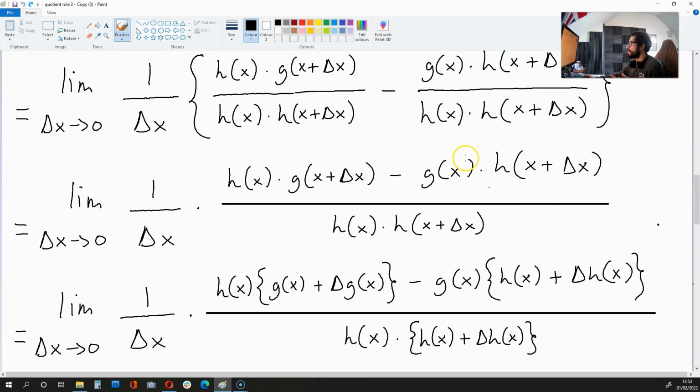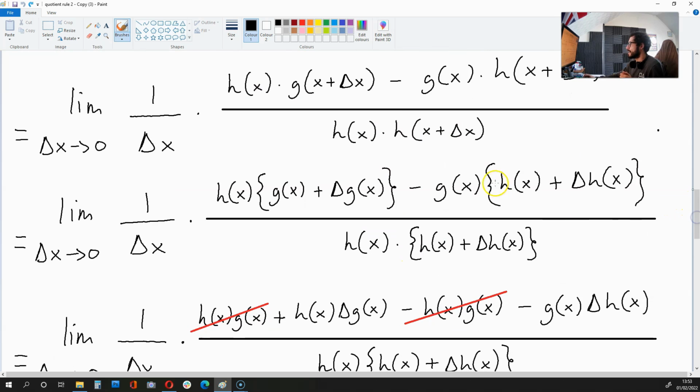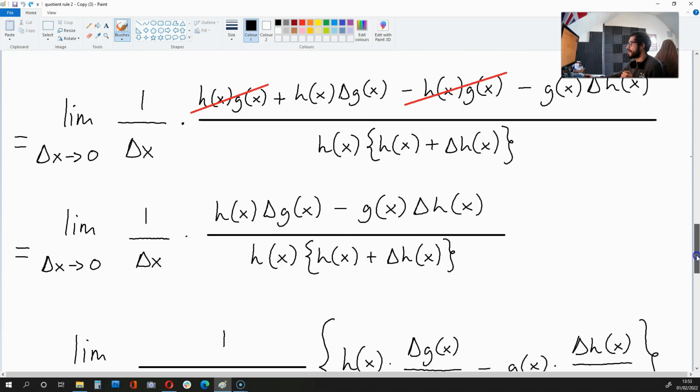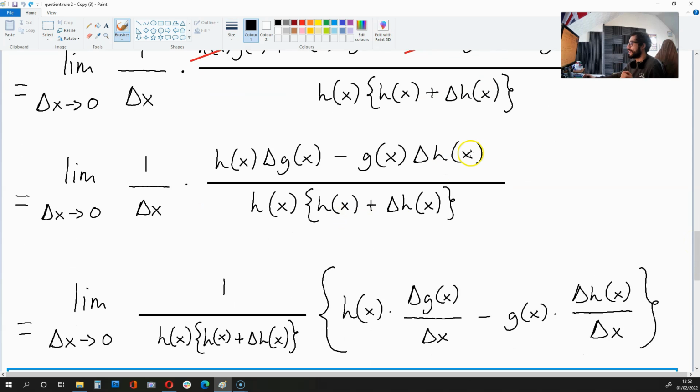If we transform this equation over here, what we get is this over here below, okay? And if we expand, what we get is this. And h(x) and g(x) over here and over here, because this is negative, cancel each other out. So what we're left with is this over here.